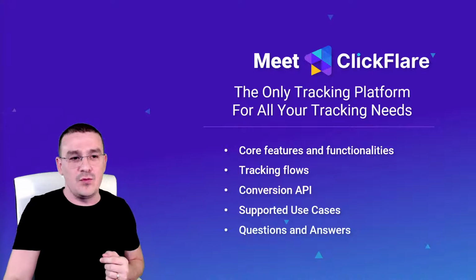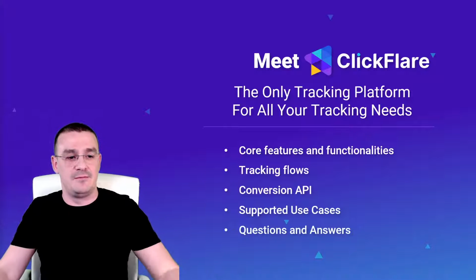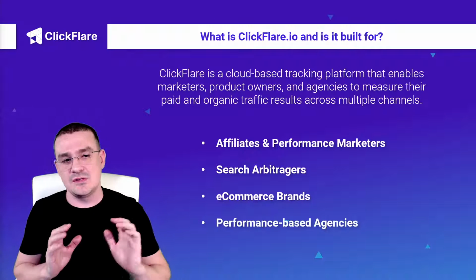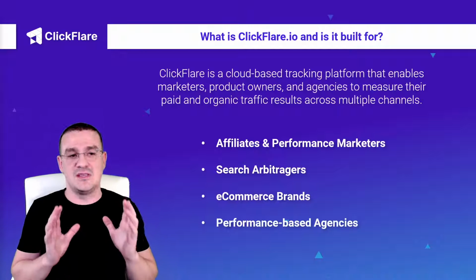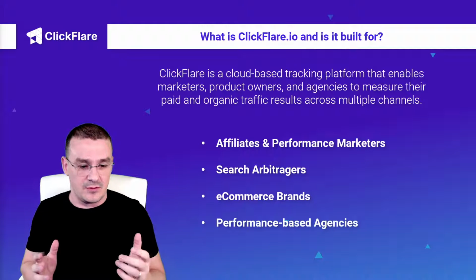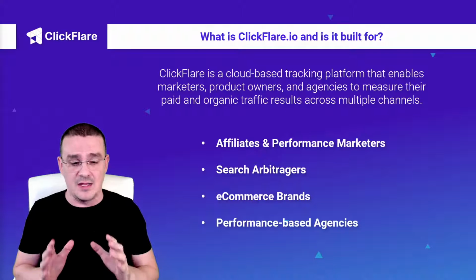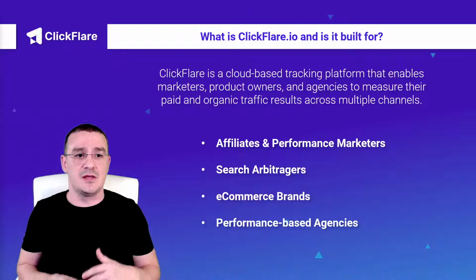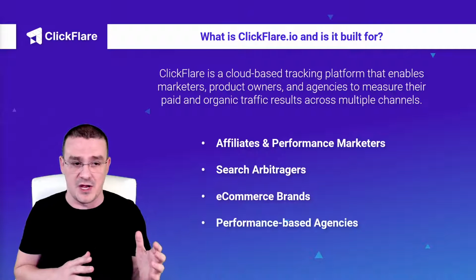So before we move forward with any of the features and functionalities of Clickair, let's focus a little on what Clickair is and who it is built for. Clickair is a cloud-based tracking platform that enables marketers, product owners, as well as agencies to measure their paid and organic traffic results across multiple channels.